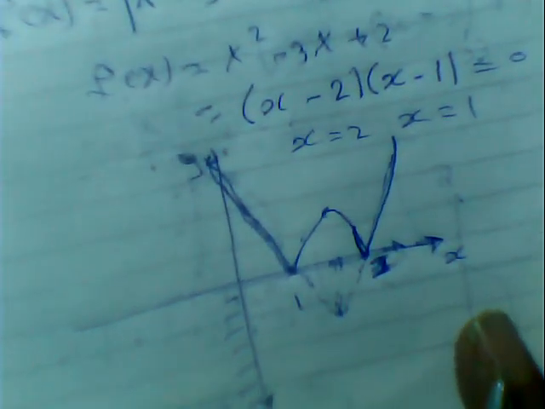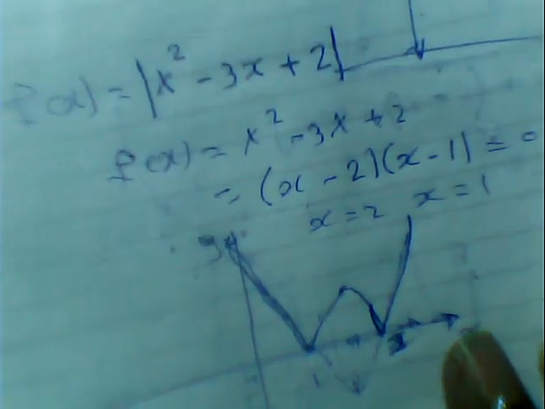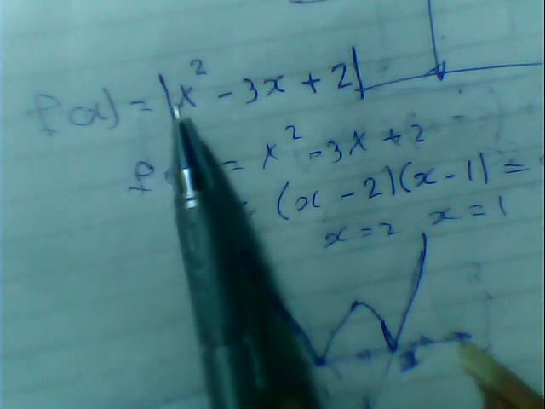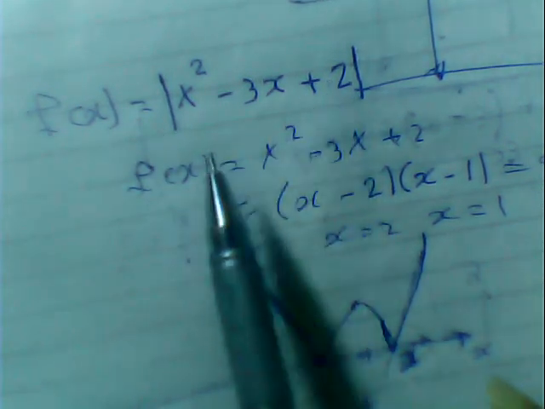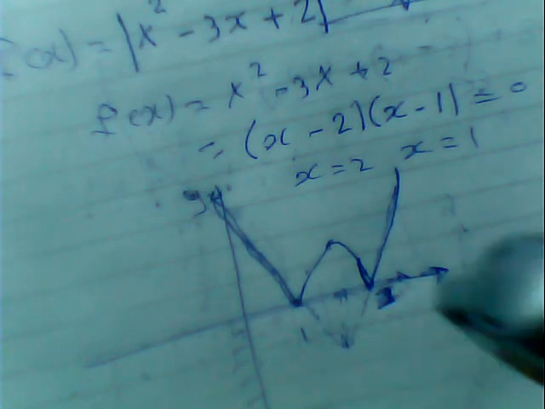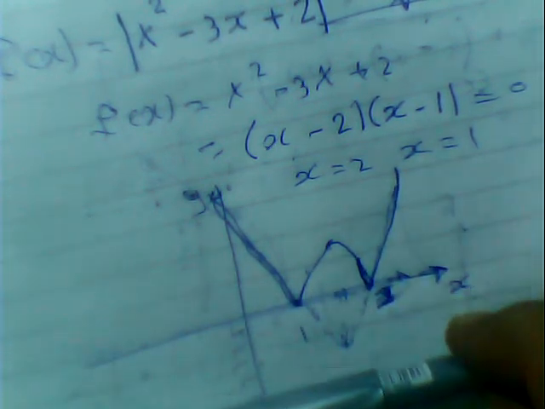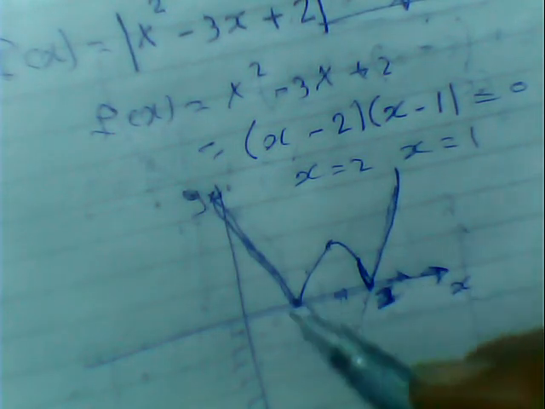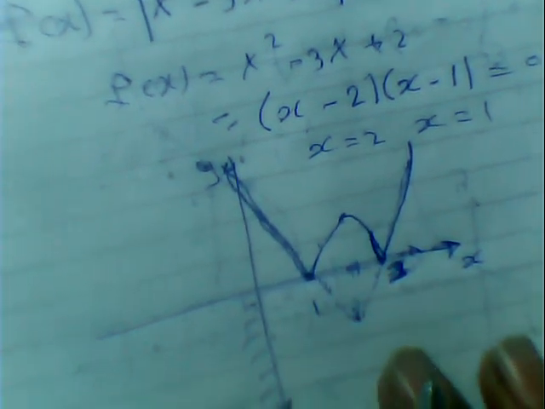Then we finish now. We know already what the absolute value does: any curve under the x-axis gets mirrored upward above the x-axis, you see now.